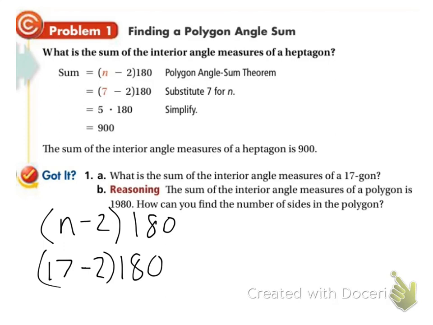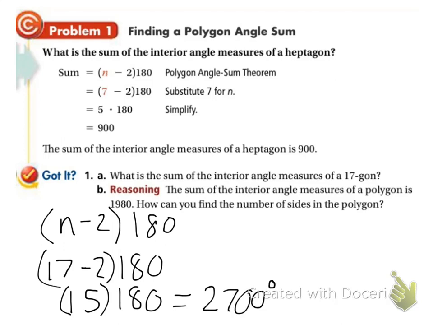And 17 minus 2 is 15. So this is 15 times 180. 15 times 180 is 2,700 degrees. So there's 2,700 degrees inside a 17-gon, a polygon that has 17 sides.